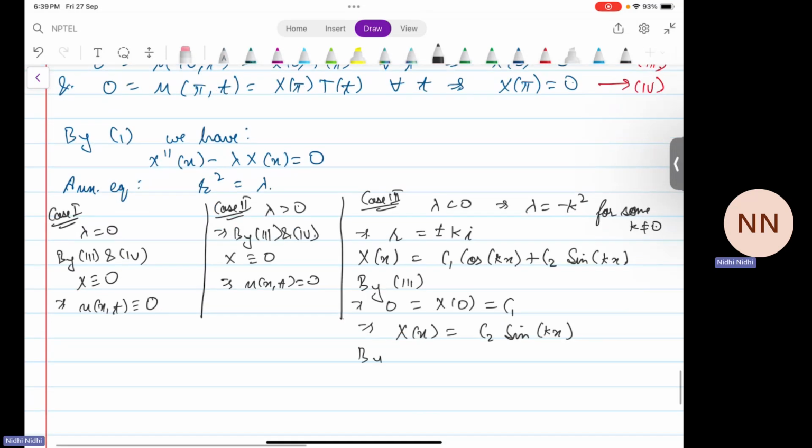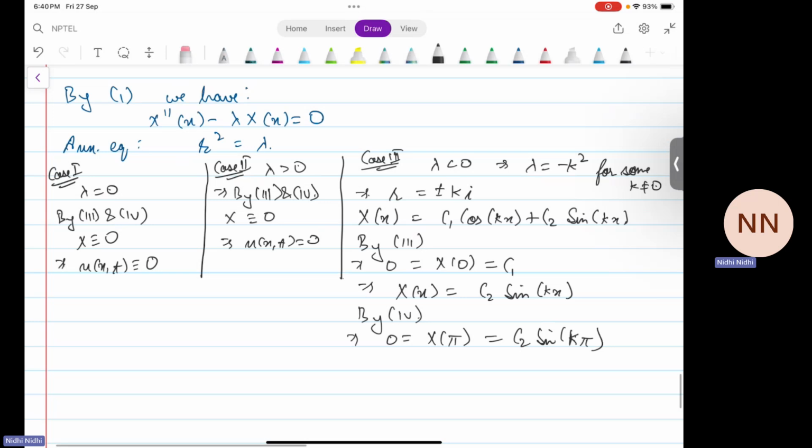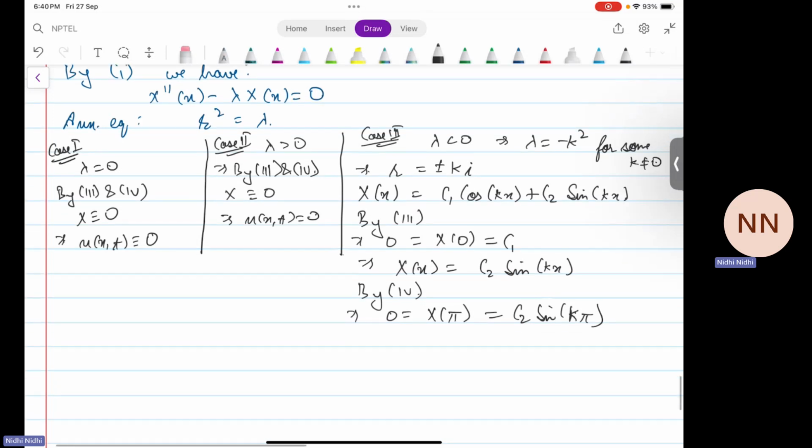And by fourth we have 0 equals to X at pi, which is c2 sin k pi. Now this will be 0. Now we want c2 to be non-zero, because if c2 is 0, again we'll end up with a trivial solution. For c2 to be non-zero, we must have k equals to n.